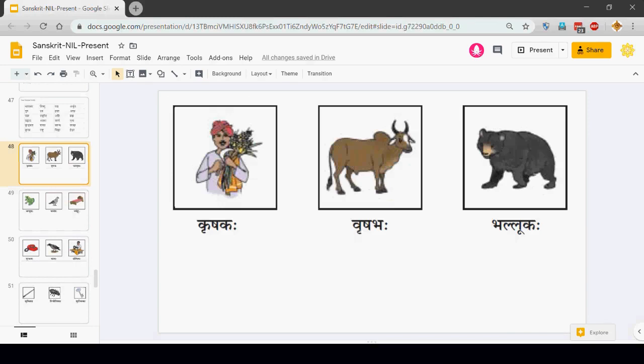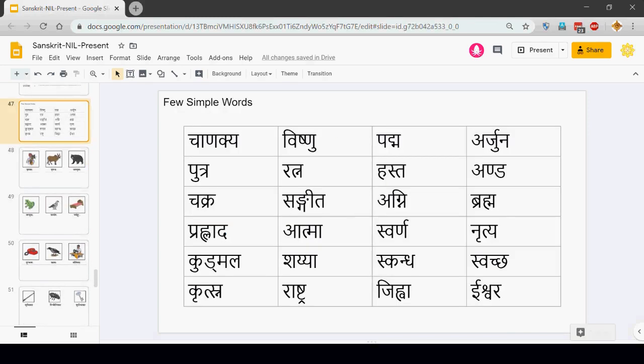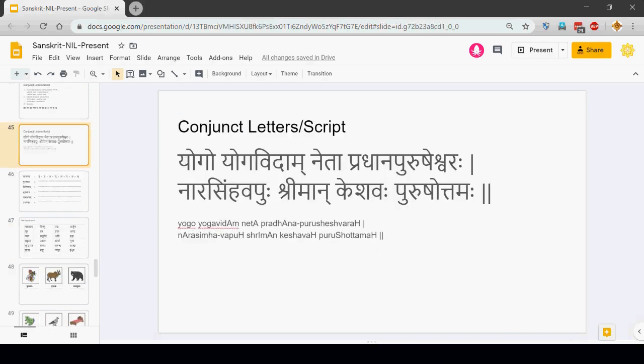Sanjeev? Yes. What was on top of the va? Oh, yeah. So it was something similar to this one, right? Purusheshwaraha.